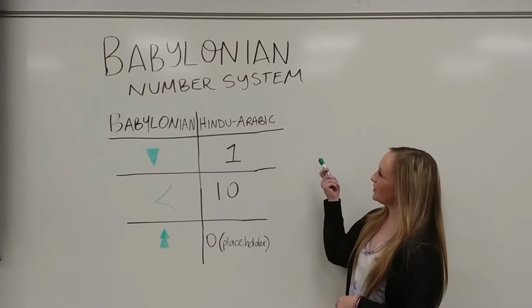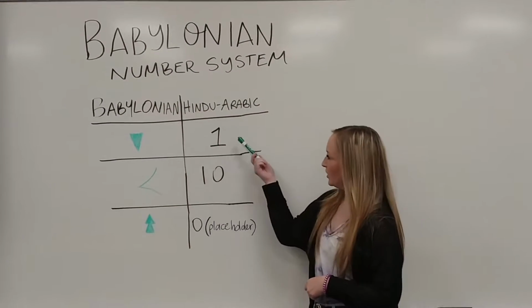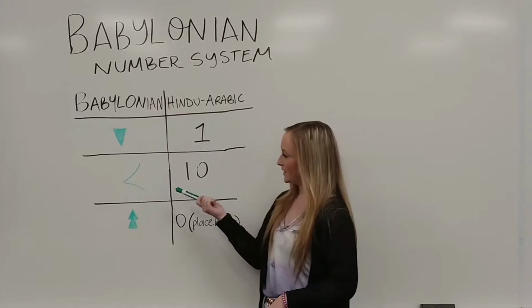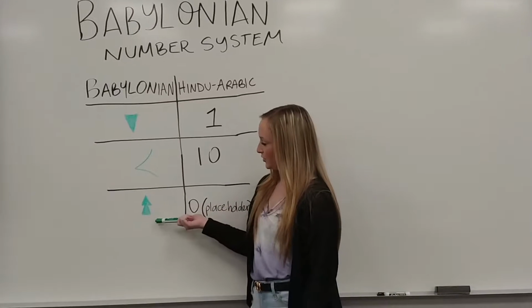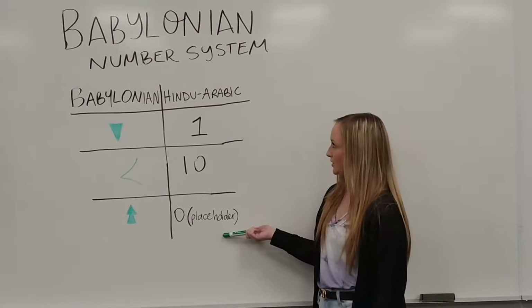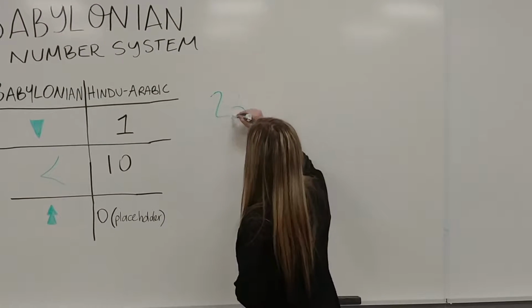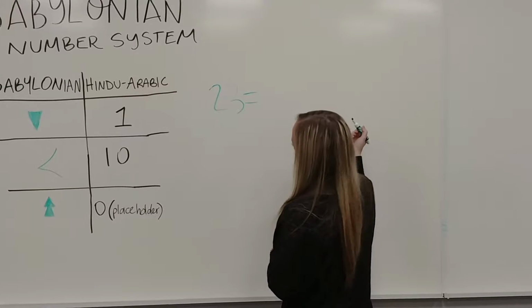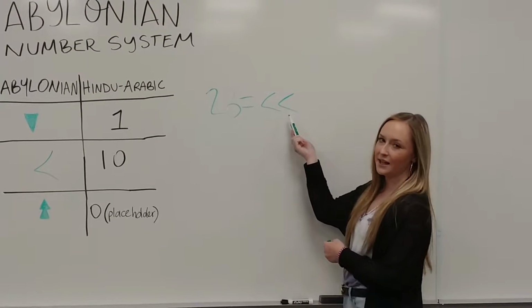In the Babylonian number system, a triangle is a 1 in our system. The less than sign would be a 10 in our system. And this little tree or a double triangle would be 0 or a placeholder in our system. So for 23 as an example, we would start out with two less than signs, which would be a 10 and a 10.